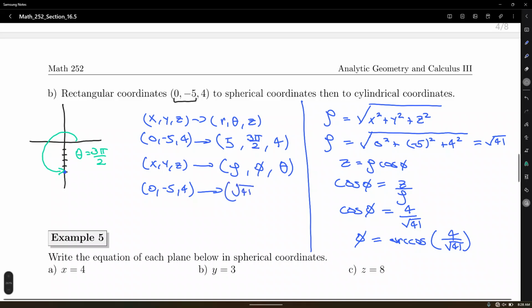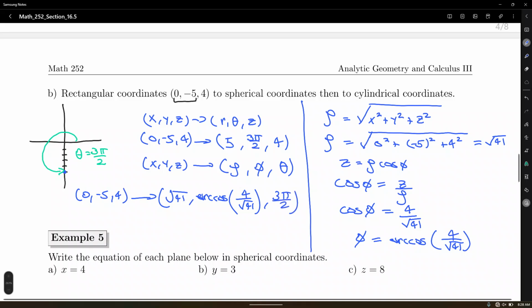I'm going to need more space in here, I think. And phi, that's the drop down angle, arc cosine of 4 over the square root of 41. And the angle theta, which is the same 3 pi over 2. It's the same angle as in the cylindrical or polar, if you will. In the end, we call it the polar angle. All right.